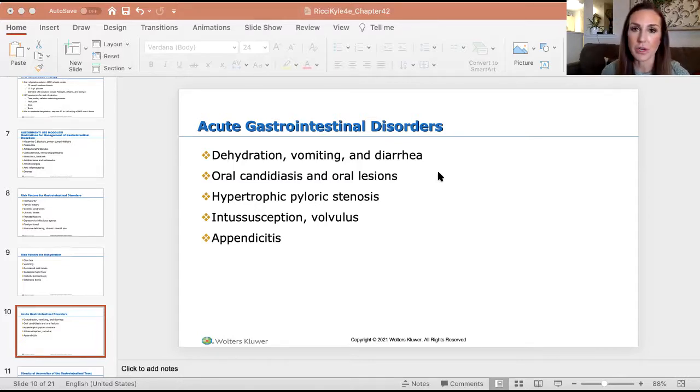So in older children, after the age of 1, they might have heartburn. They might present with a chronic cough, and that's just because that mucosa in our esophagus is damaged, and so it tickles. You've got a tickle in your throat all the time. They might even have some difficulty swallowing.